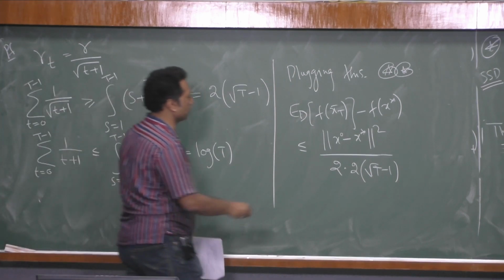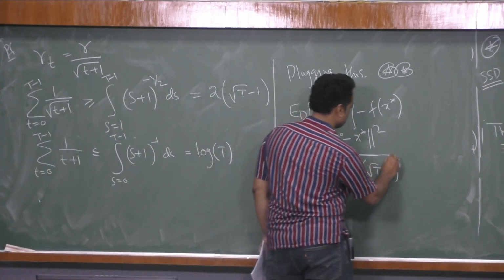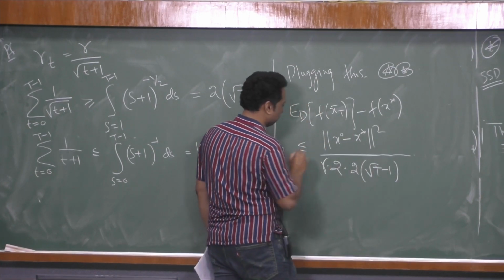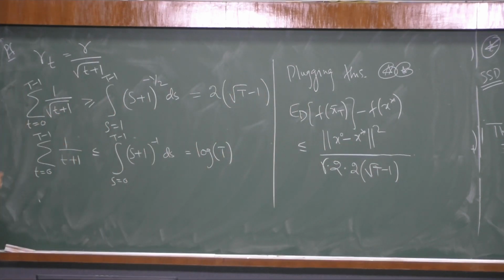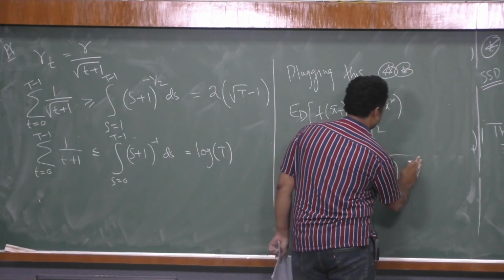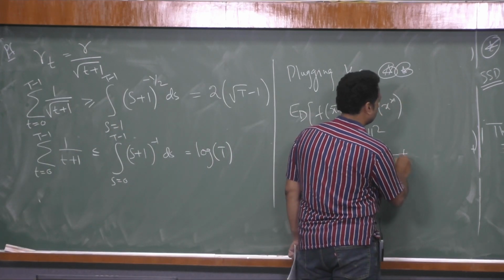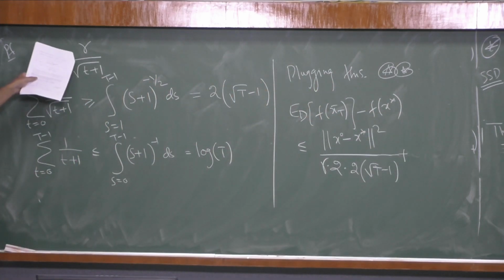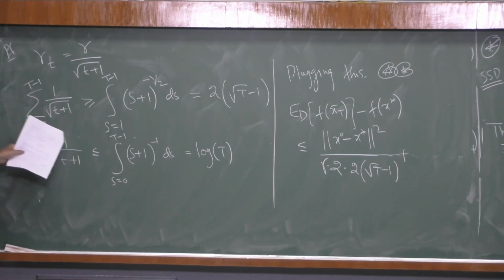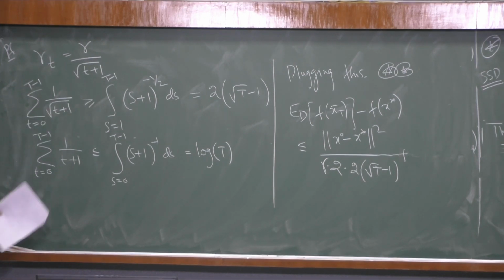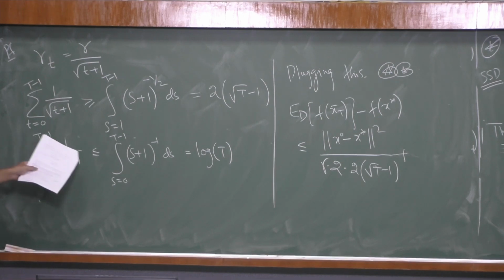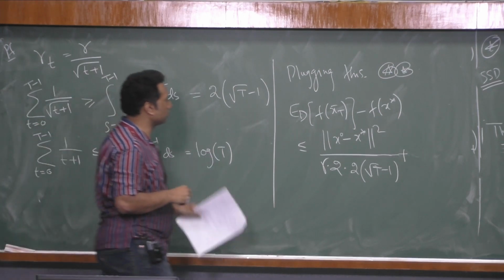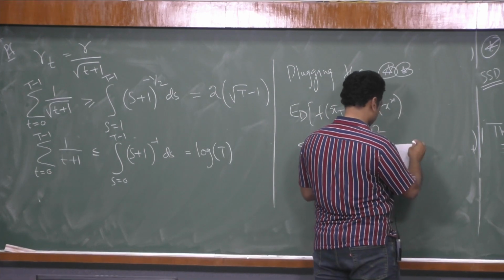So this I got from the lower bound, and then I look into the next term, which is gamma t squared. Gamma t squared is basically gamma squared by t plus 1, and the 1 by t plus 1 we have already estimated. So this whole thing will be less than or equal to gamma squared log t.